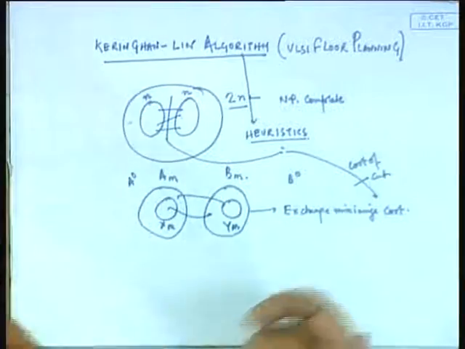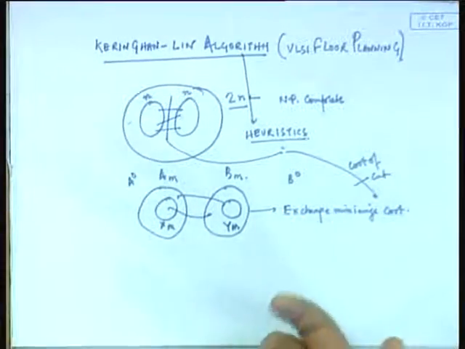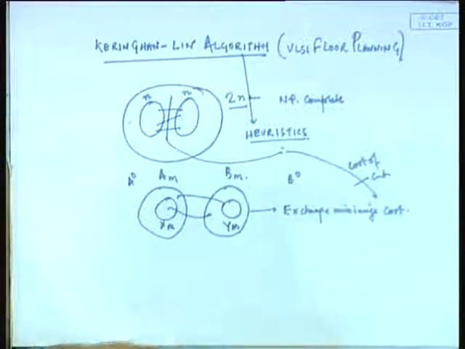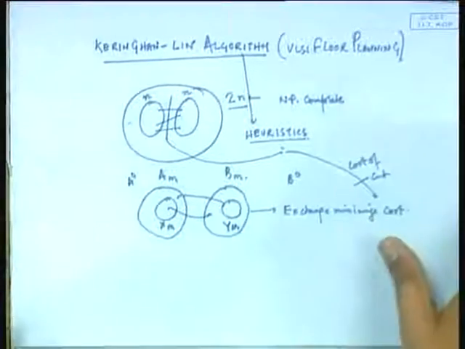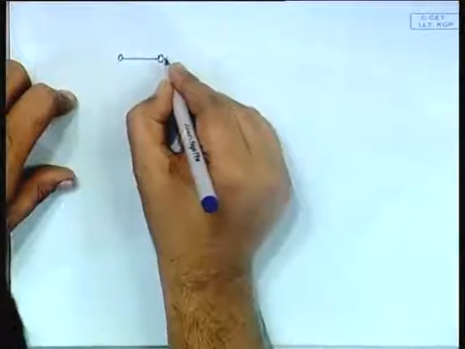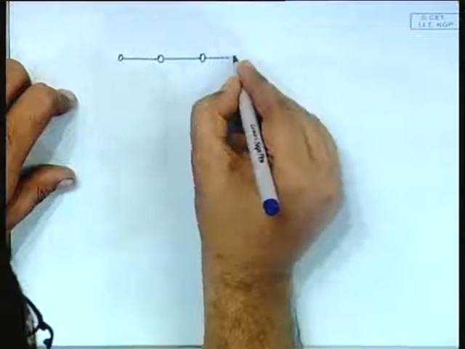And the point is you go on exchanging, and do exchange as long as you gain, and stop as soon as you finish gaining. Take this simple example.